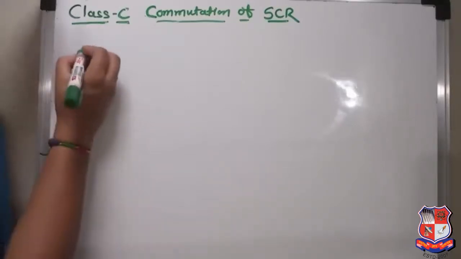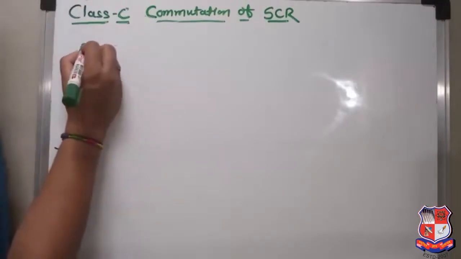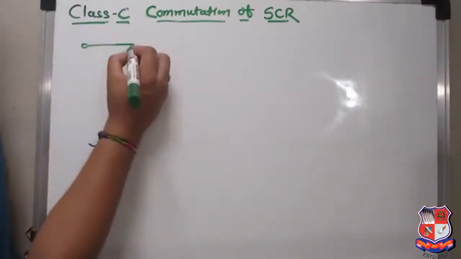Now let's consider a diagram. In a class C commutation the diagram will be like this.